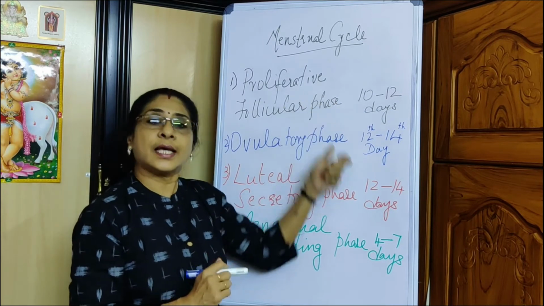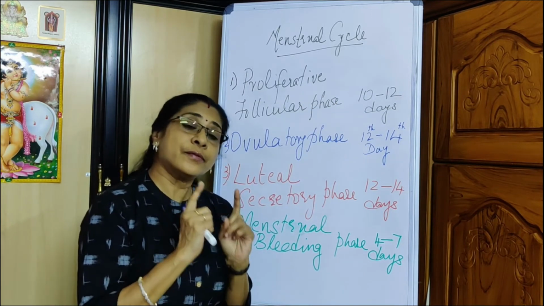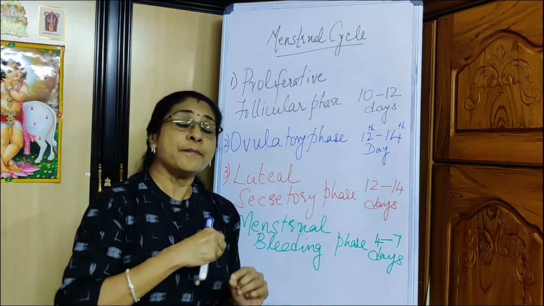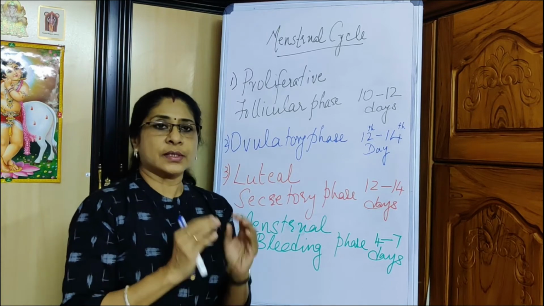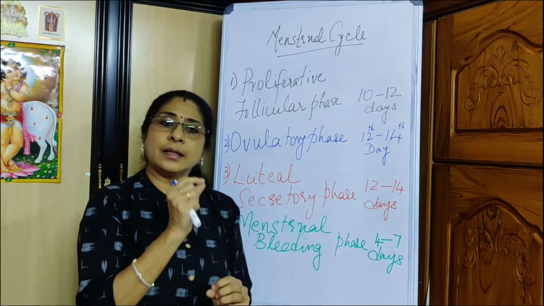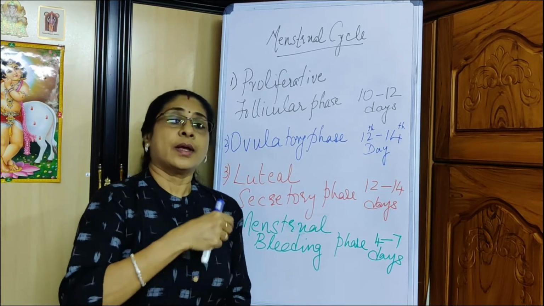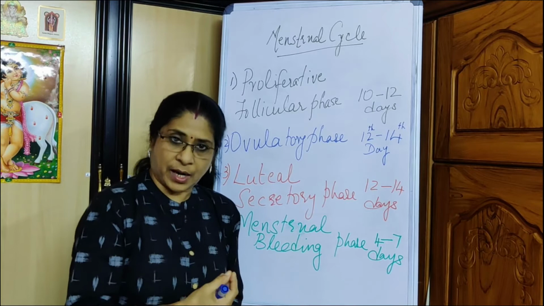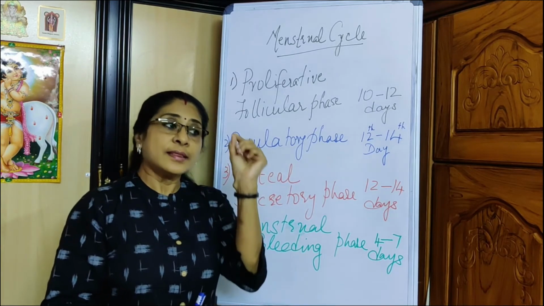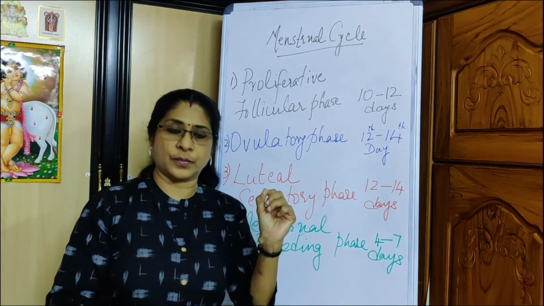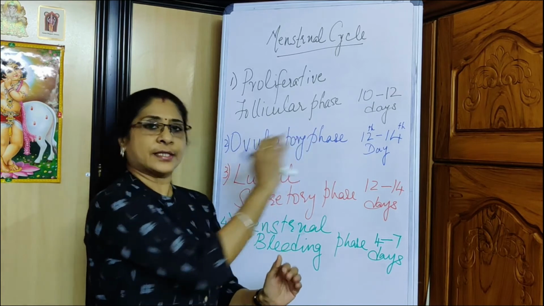Now, the first day of the proliferative phase is actually the first day where the menstrual flow is observed. Meaning, suppose a girl experiences her menstrual flow or the discharge of blood on the 1st of October. Okay. So, that day, 1st of October, is considered as day 1 of the proliferative phase.